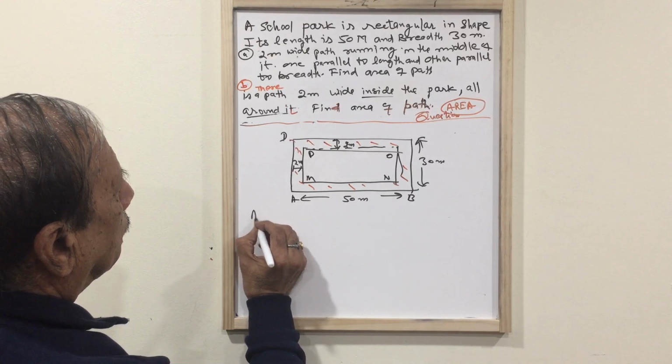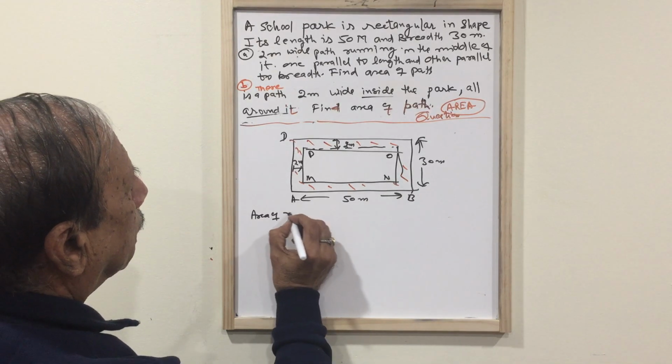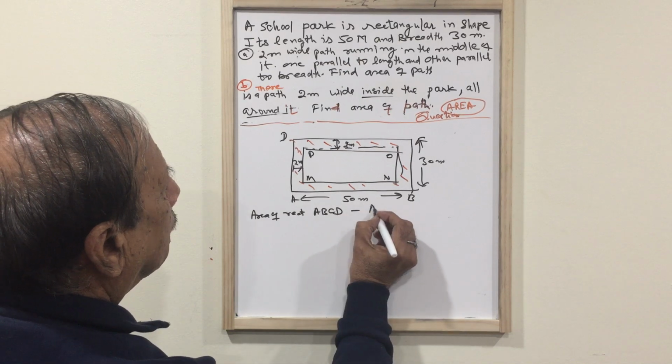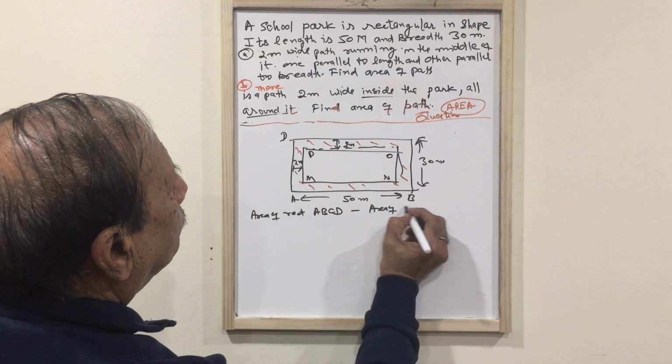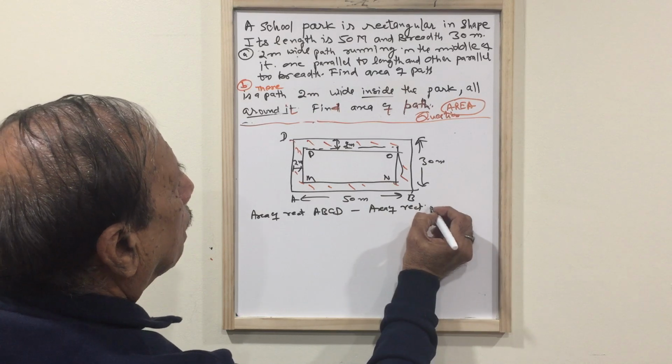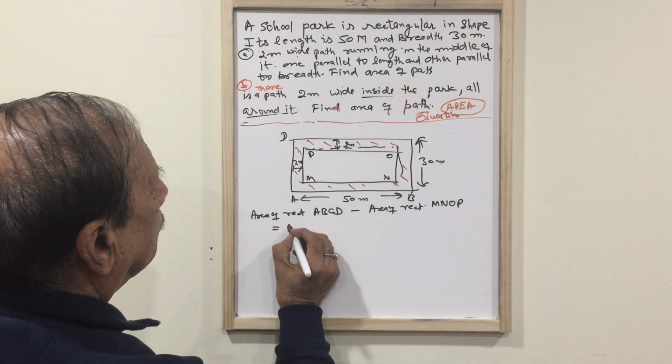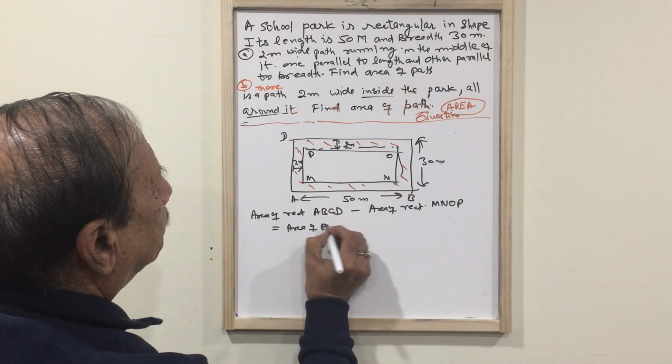So area of rectangle ABCD minus area of rectangle MNOP is equal to area of path.